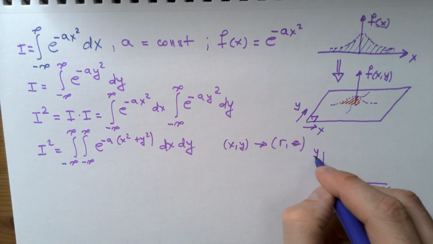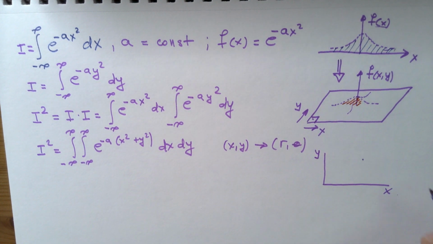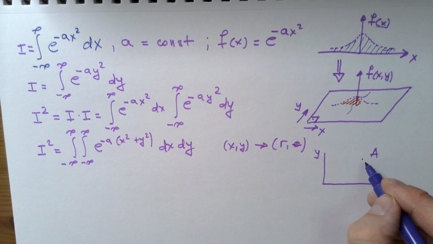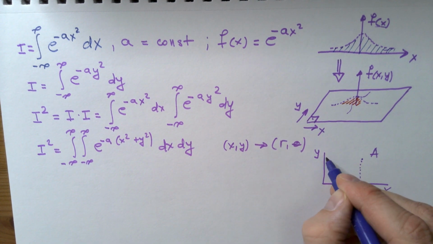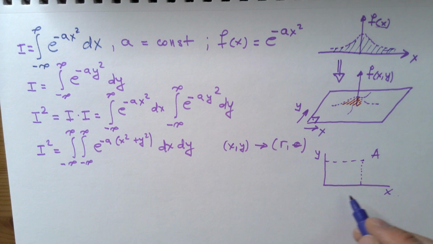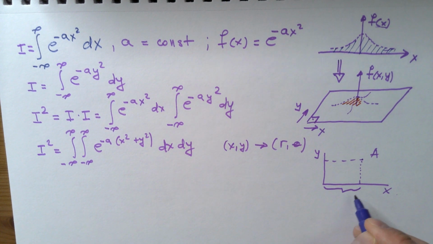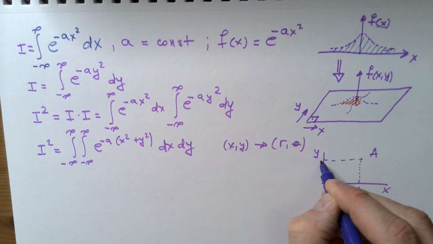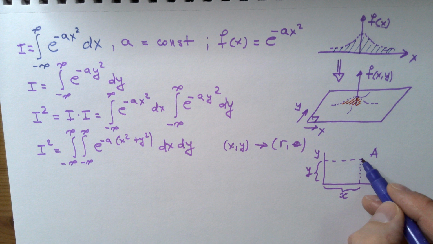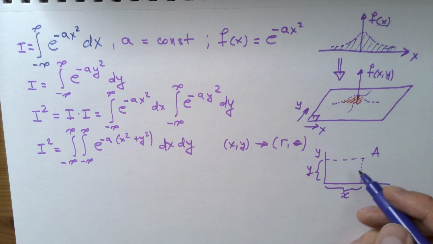If this is the Cartesian coordinate system xy and we have an arbitrary point A over here, then coordinates of point A in the Cartesian coordinate system are this. This would be x, and this would be the y component of this point A.